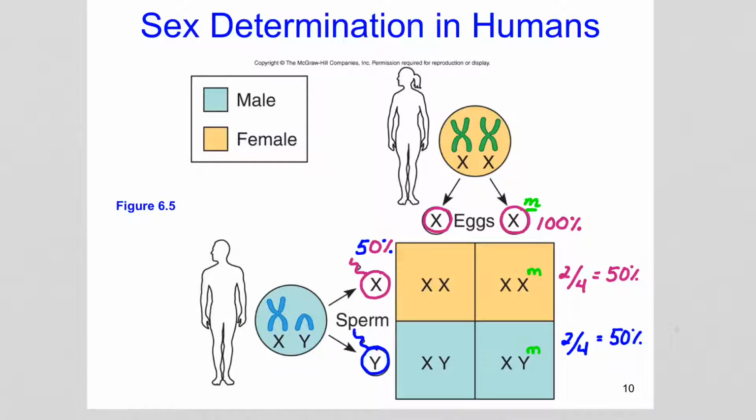Because we can see, if I place this mutation on the male's sperm, he passes on one X to his daughter. So in that case, he will always pass on the mutation to his daughter. There's a 100% chance that he will do so because one of the daughter's copies of the X chromosomes comes from her father.